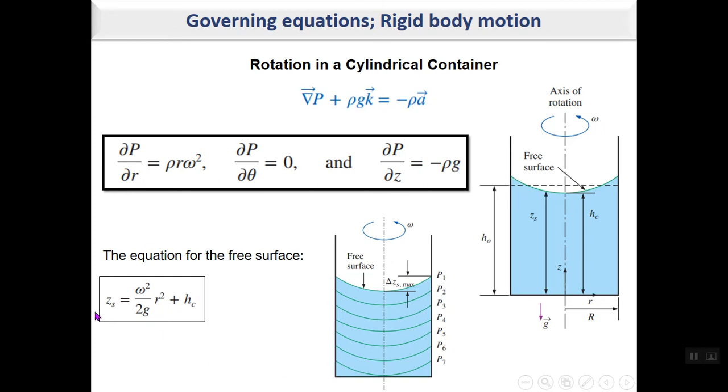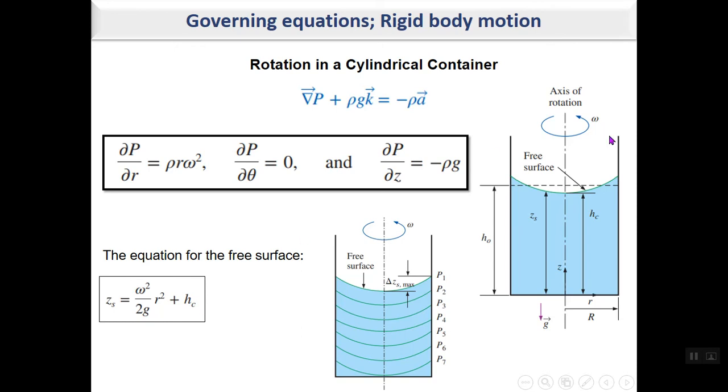The equation can then be simplified to find the free surface equation by putting p equal to 0 at the free surface, because at the free surface p is the atmospheric pressure, which is 0 gauge. Integrating the equation and applying the boundary condition at the surface, you reach this conclusion, which shows the form of the free surface, which is a parabola.